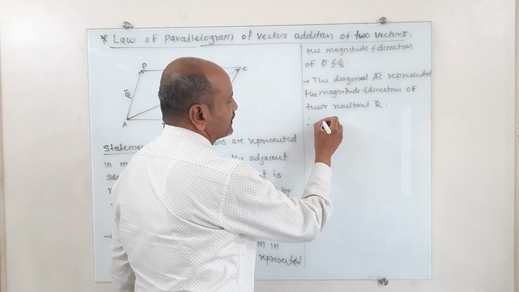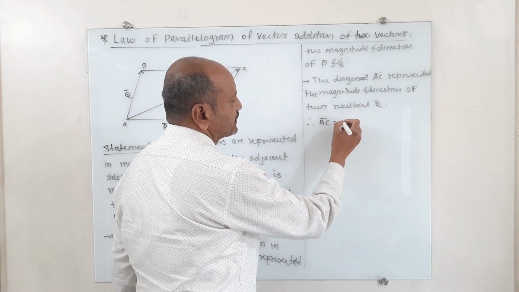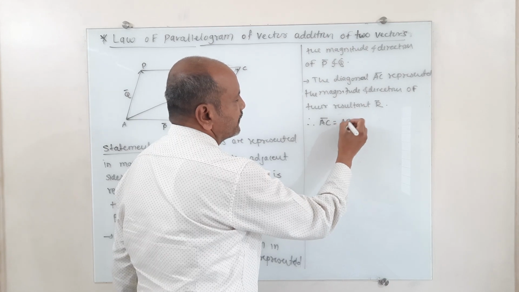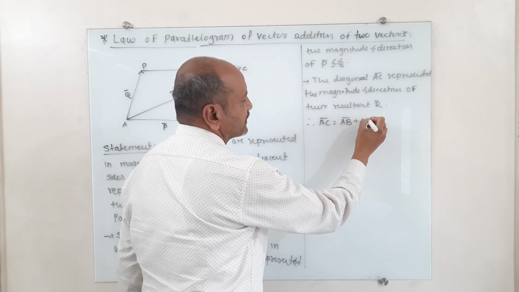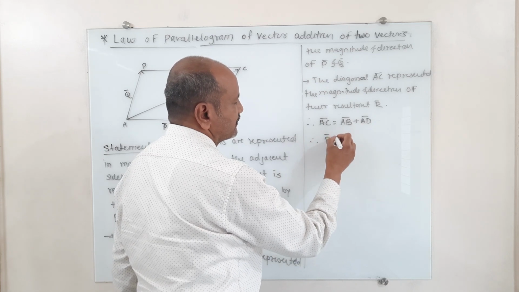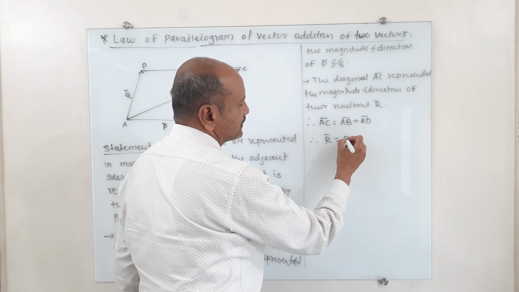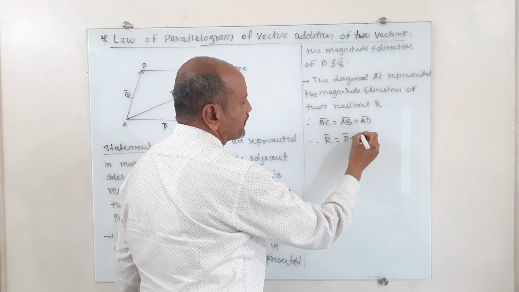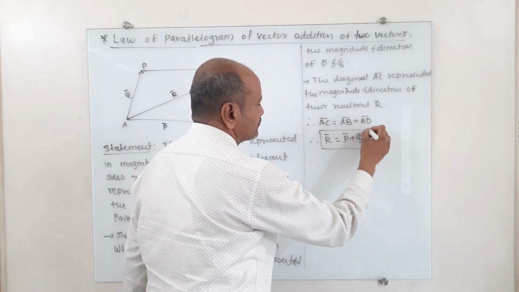Therefore, AC bar is equal to AB bar plus AD bar, and finally we have the relation R bar is equal to P bar plus Q bar.